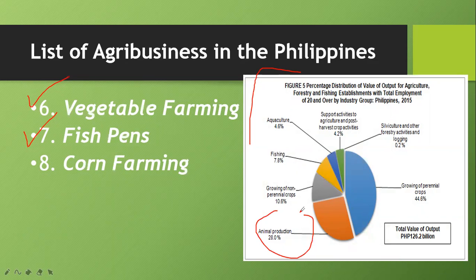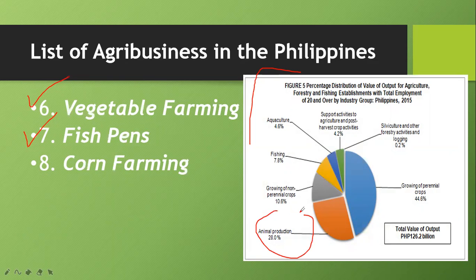The aquaculture, which is 4.6%. And the support activities to agriculture and post-harvest crop activities, this is 4.2%. So daghan jud og mga nadato and they have their own businesses and nindot pud ang agribusiness.